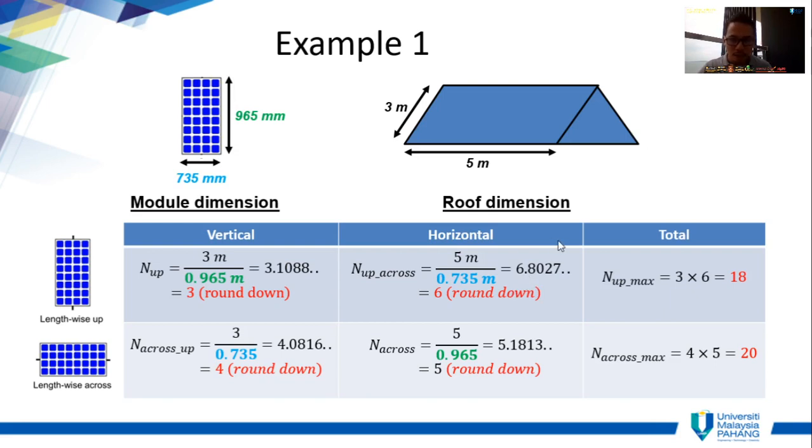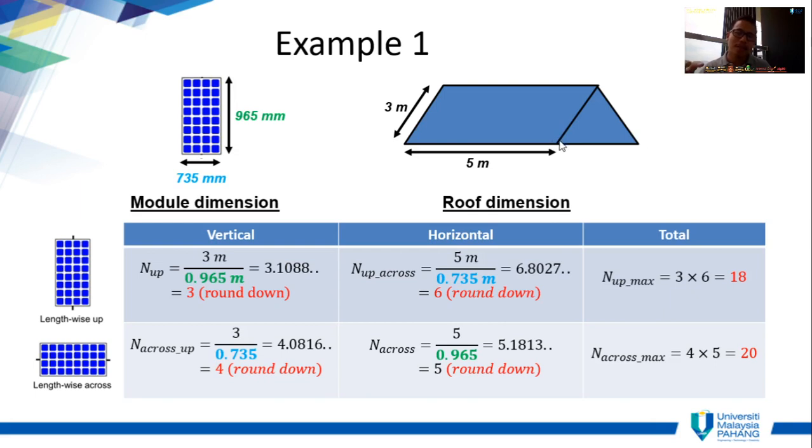Even though this answer, let's say we get 6.9783456, still we round it down. Because the idea is if you still install the 7th module here, the 7th module will totally exceed the original size of the roof.